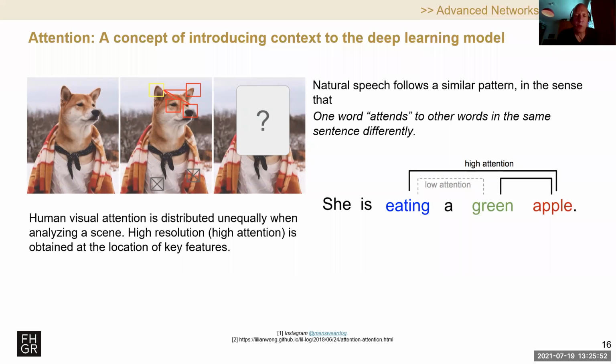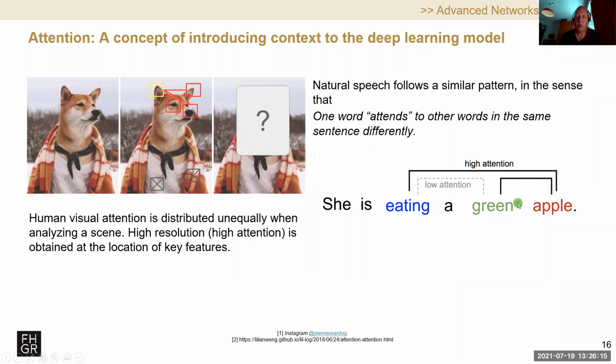It's been very commonly used in speech analysis when you have a couple of words that are forming a sentence, and you can't just randomly scramble these words. You'd have to have some sort of a pattern. And then you would also see that certain words have attention to other words.